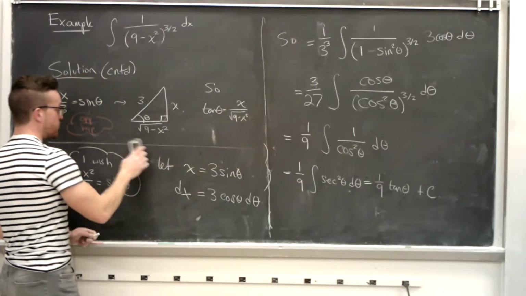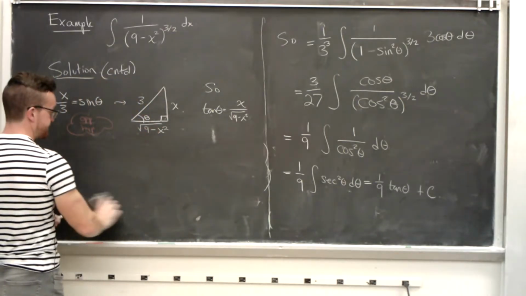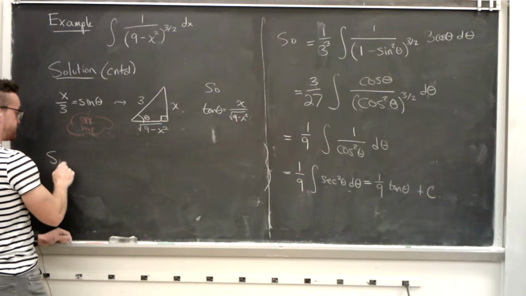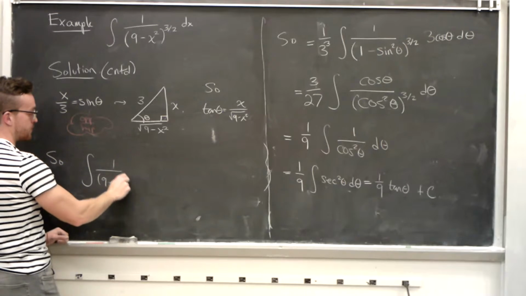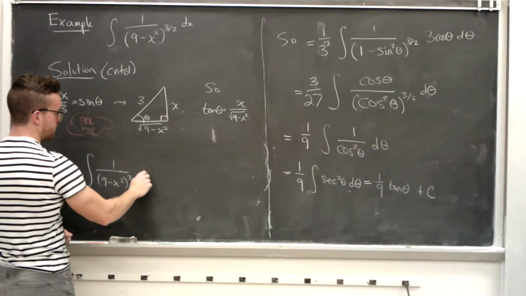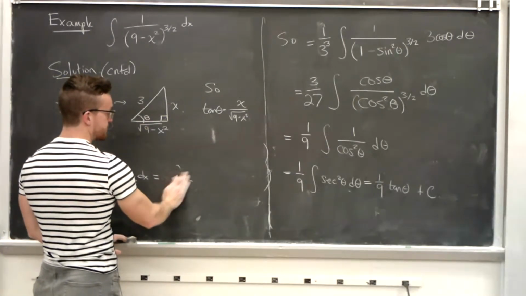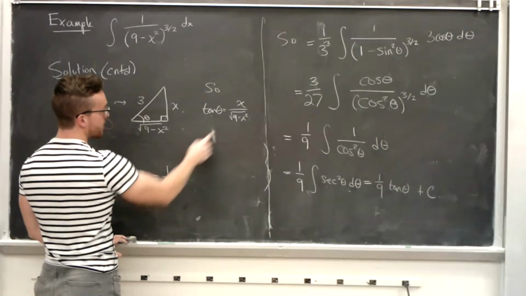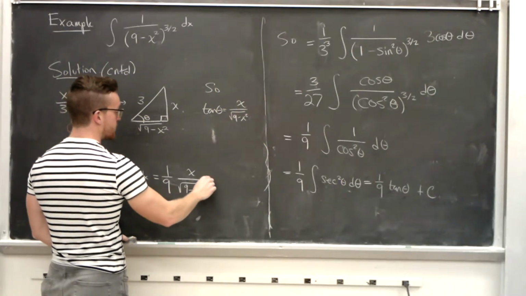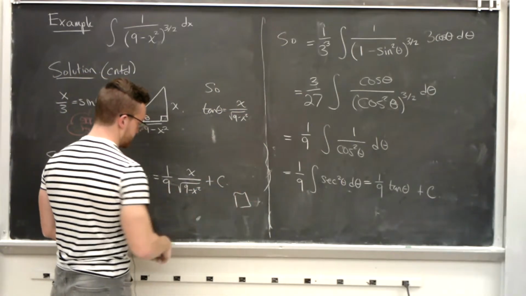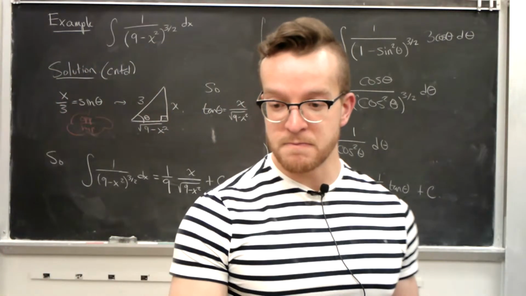Pop that in there and we are done. So to finish it off, this thing that we started with is 1/9 times tangent, so 1/9 times x over root 9 minus x squared plus c. That would do it. Nice. Okay.